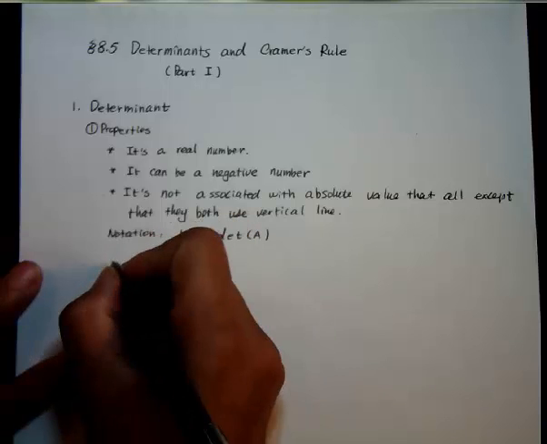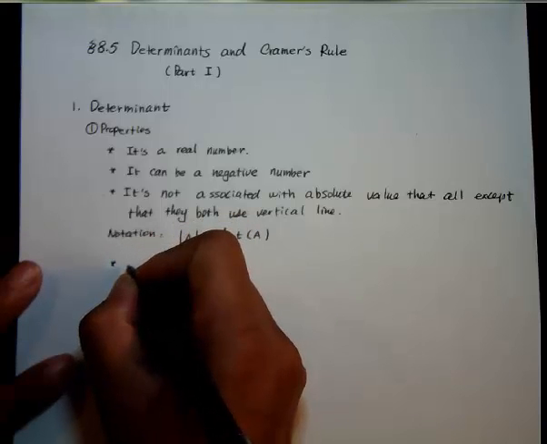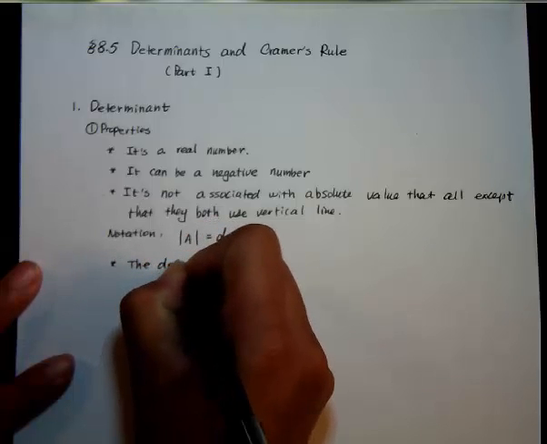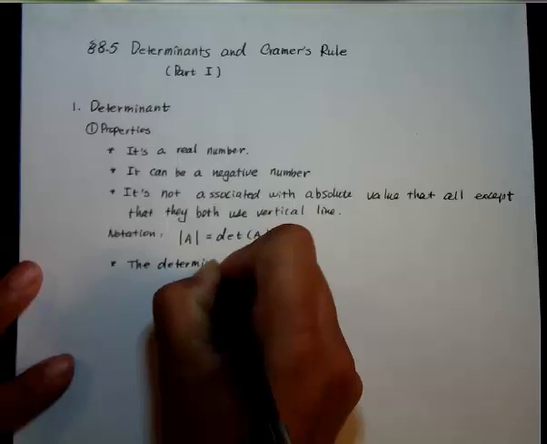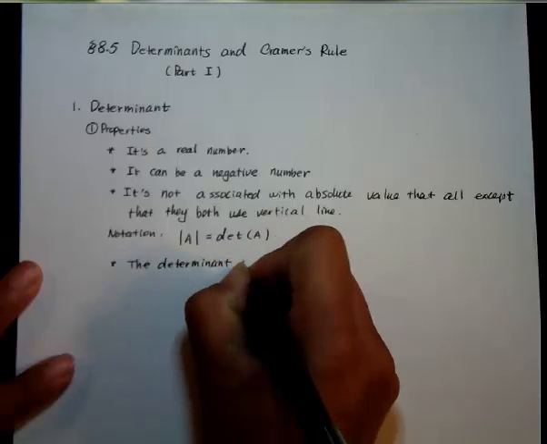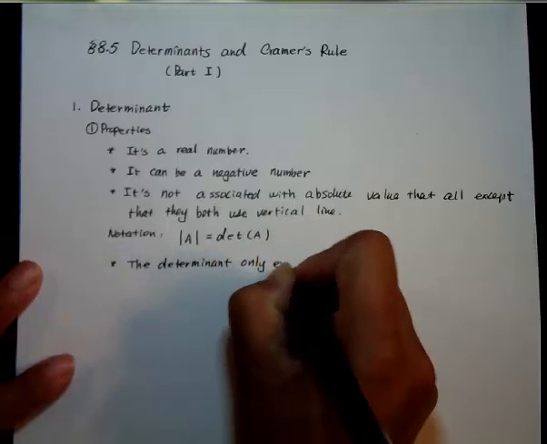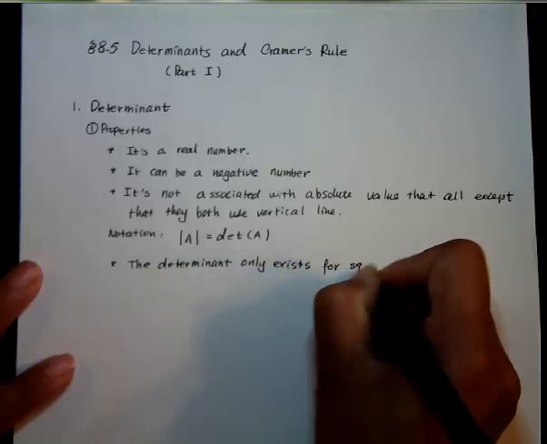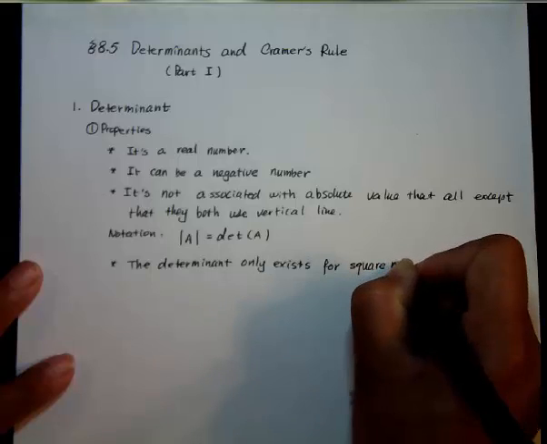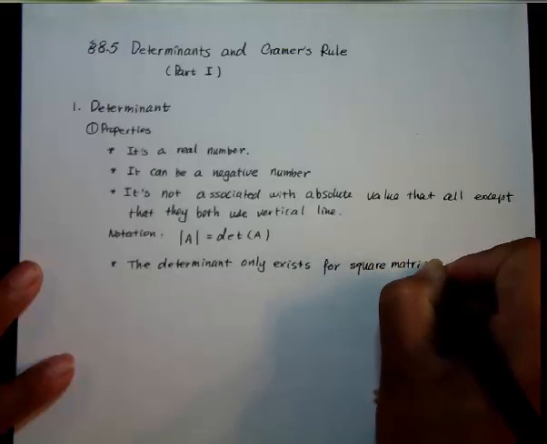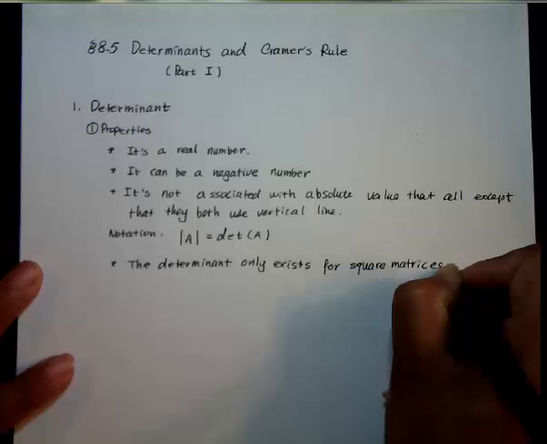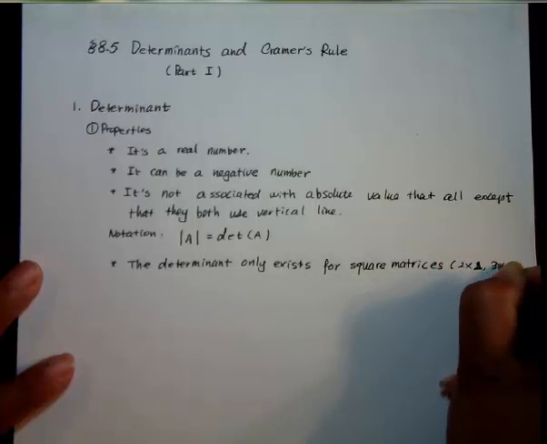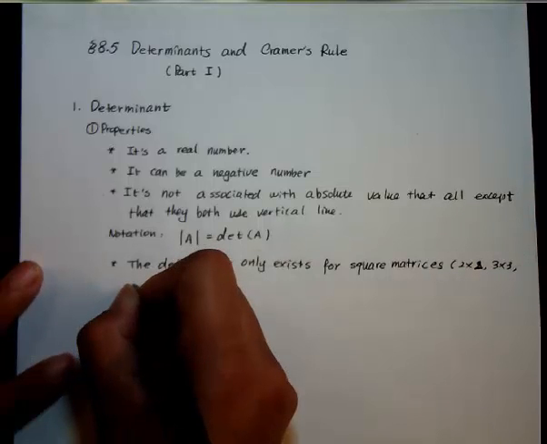And the determinant only exists for a square matrix. So a square matrix like 2 by 2, 3 by 3, and so on, right?